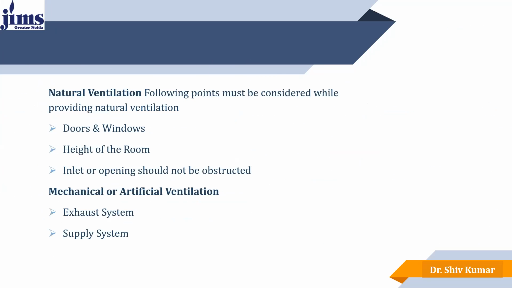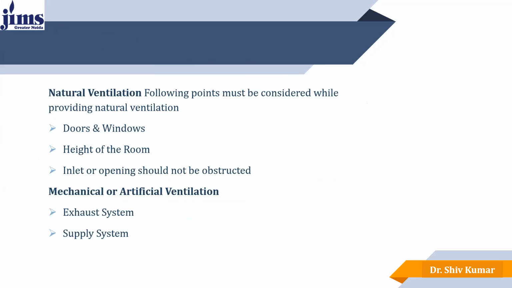So let's talk about the types of ventilation. Basically, there are two types of ventilation. The first one is the natural ventilation. The natural ventilation is provided by doors and windows.